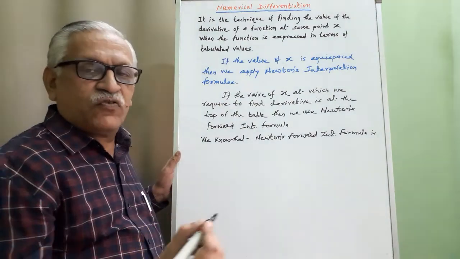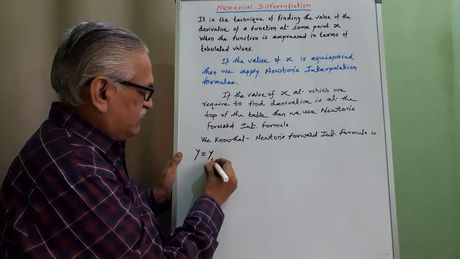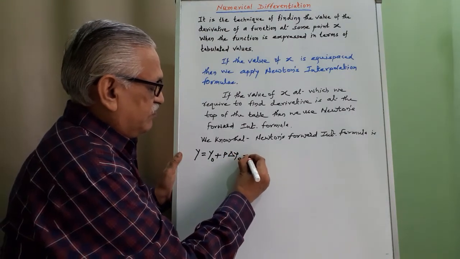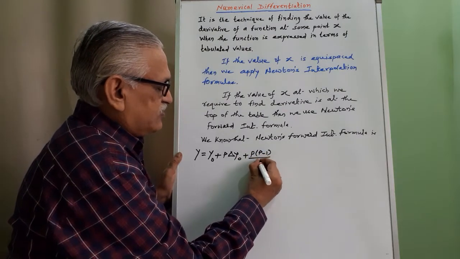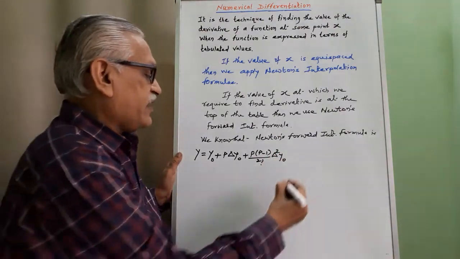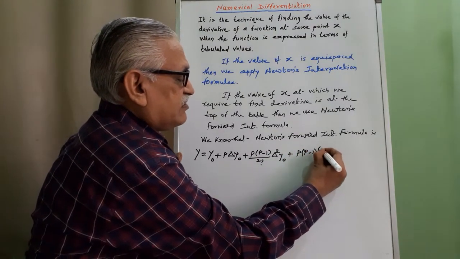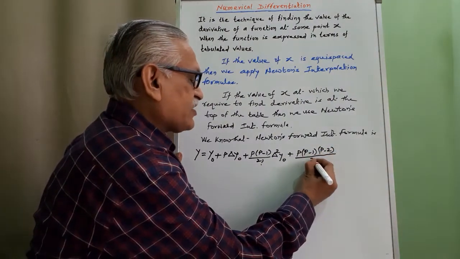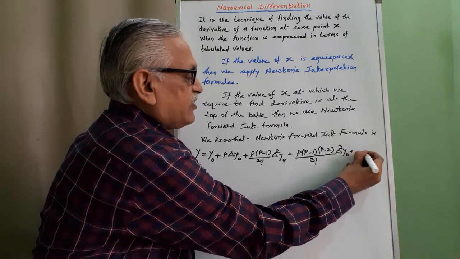Therefore, using Newton's forward interpolation formula, we have y is equal to y0 plus p into delta y0 plus p into (p minus 1) by 2 factorial into del square y0, plus p into (p minus 1) into (p minus 2) divided by 3 factorial del cube y0 and so on.